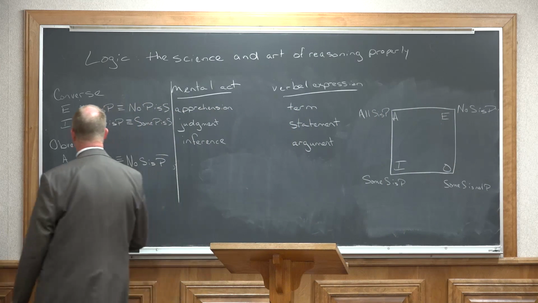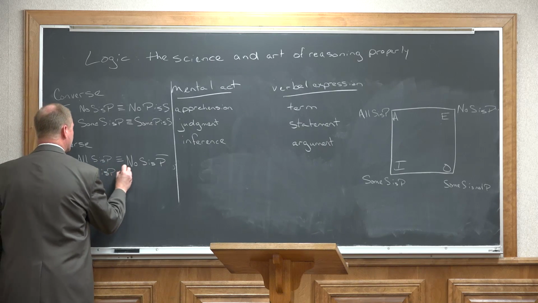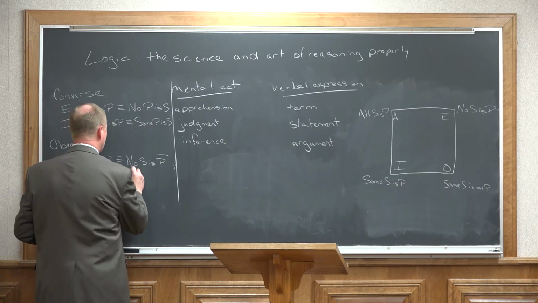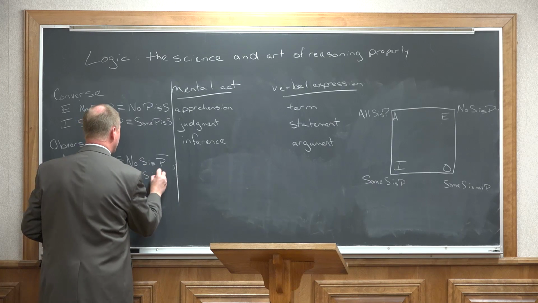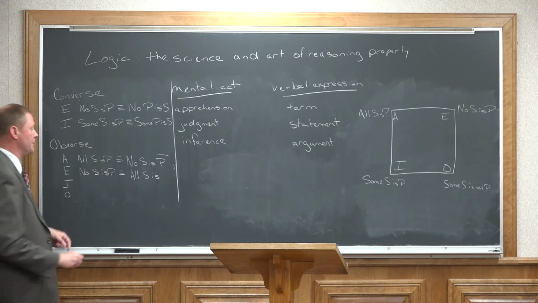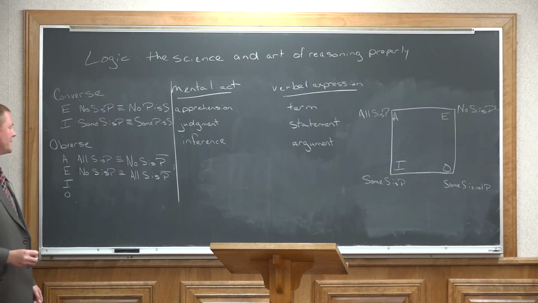The E statement, no S is P. Remember, we changed the quality of the statement, so the no becomes an all. All S is, and then the predicate is changed to its complement. All S is non-P.